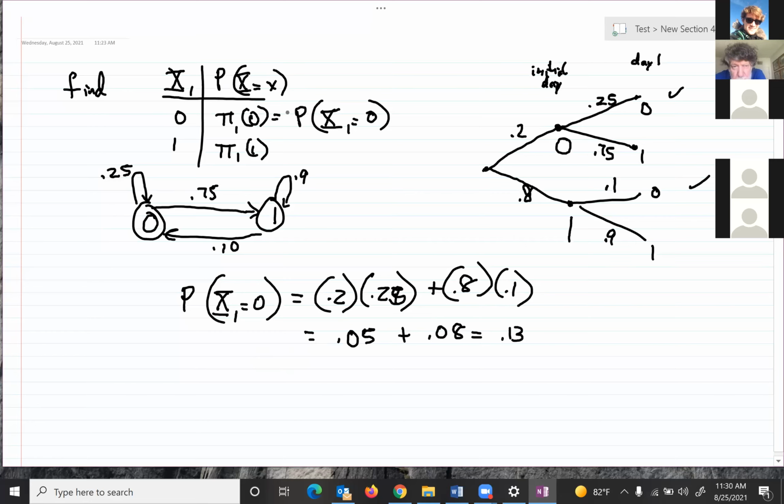So we have found this value here to be 0.13. And we can find this value in a similar way. We can go through the tree and see the chance of going from a day one that you're working, and that would ultimately be going down this path here or this path here. We could do it that way, but we also know that the sum of these two add up to 1. So the easier way would just be to say that this is 1 minus this, which is 0.87.